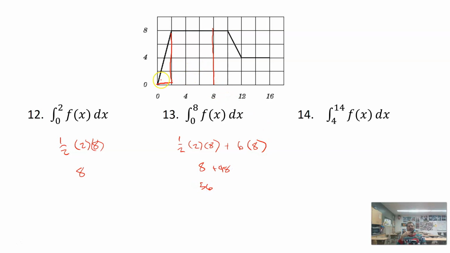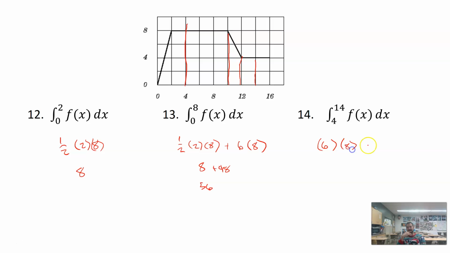Then if we go from 4 to 14, that's a slightly different shape. I would say we've got this rectangle here, then a trapezoid here, and then another rectangle right there. The first rectangle goes from 4 to 10, that is 6 wide, and 8 tall.